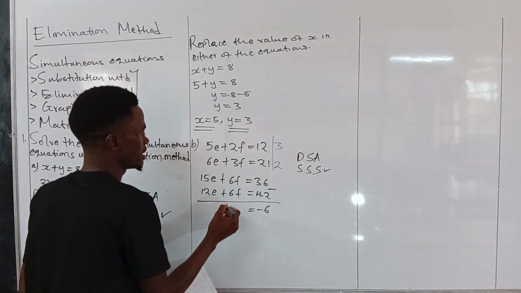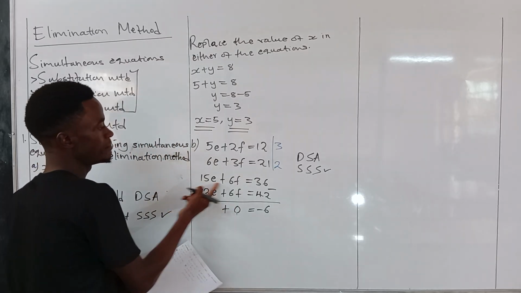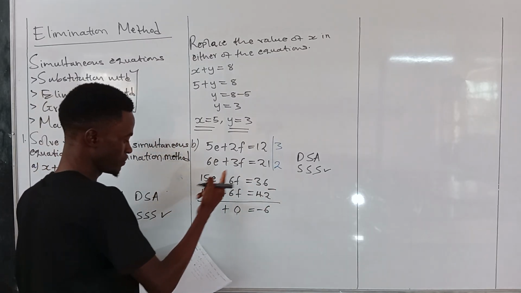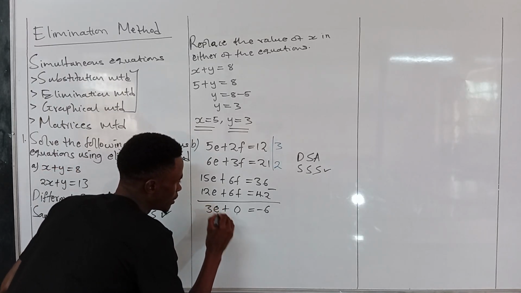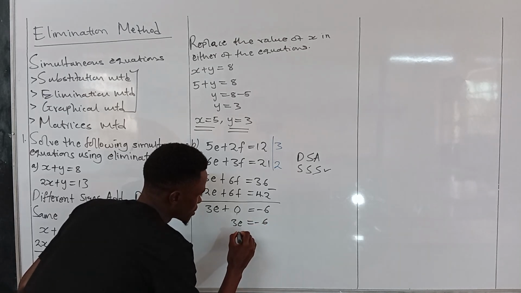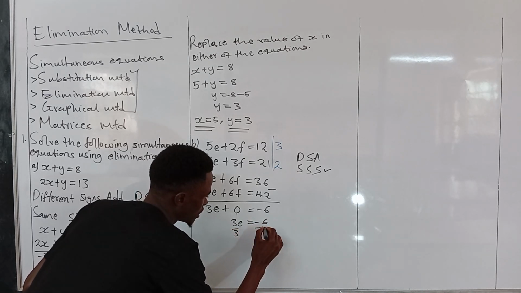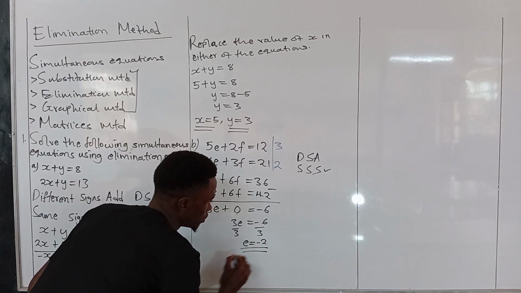So 6f minus 6f is going to give us 0, plus 15e minus 12e, which is going to give us 3e. So 3e is equal to negative 6. You divide everything by 3. Our e is going to be negative 2.